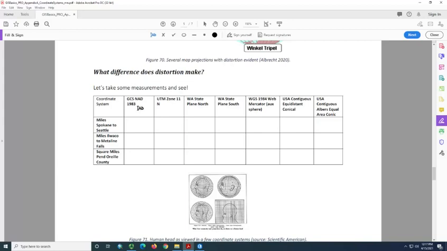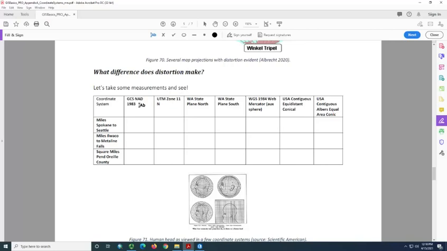So we are going to get back into ArcGIS Pro, and we are going to create maps in each of these coordinate systems. What I would like to point out to you right now is that we started our project with a map in this geographic coordinate system, GCS NAD 1983.